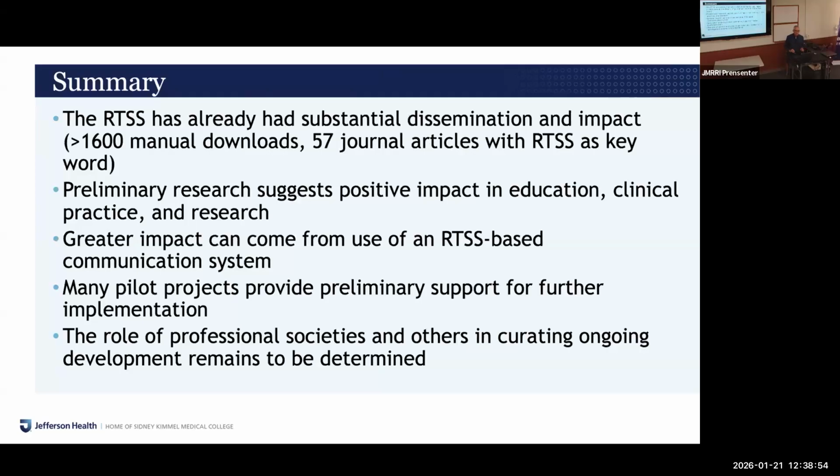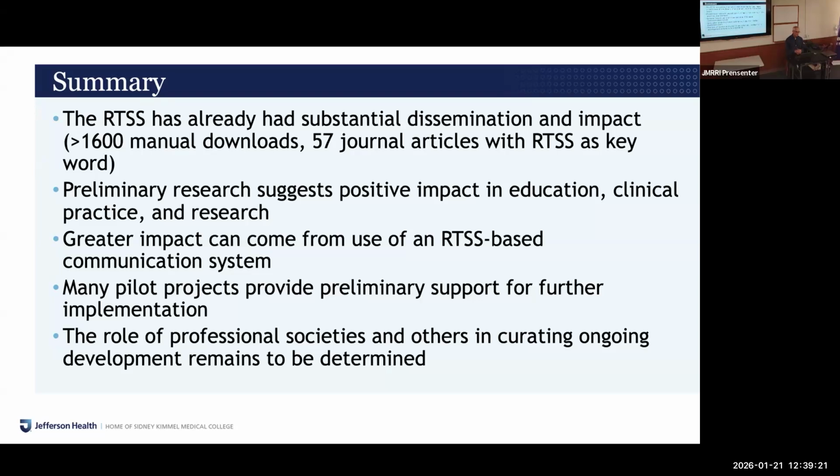So I'm going to wrap it up, and I'd be happy to discuss future options. But just to summarize what's happened with the RTSS, the manual and the original set of articles were published in 2019. So that's 6 or 7 years ago. We hear tons and tons about the slow uptake of research outcomes.